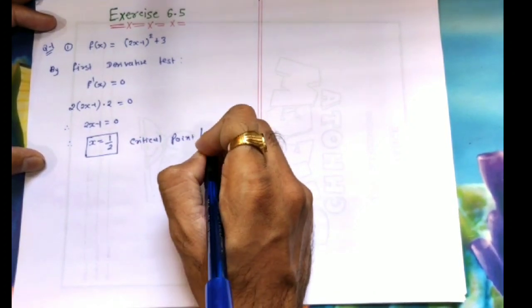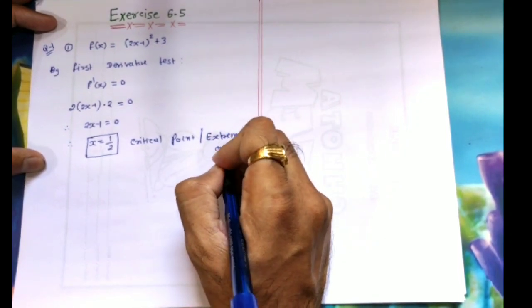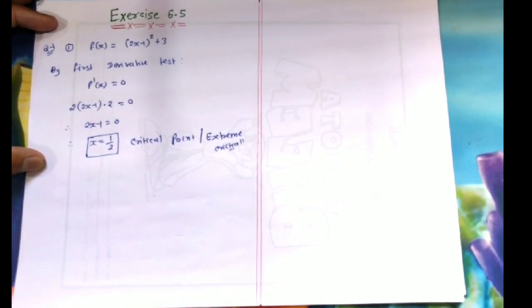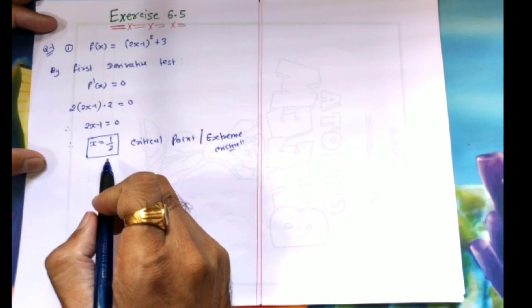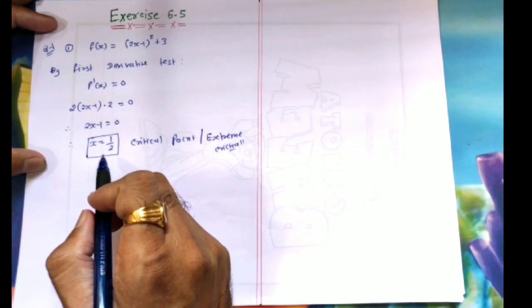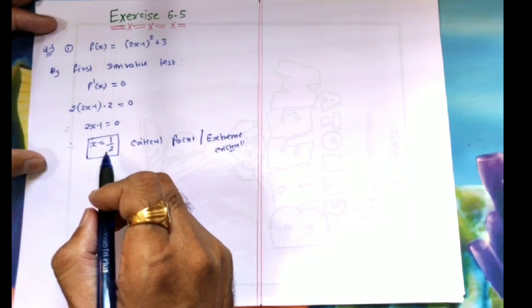Critical point is also known as extreme point. What is this critical point? These are the points at which maxima or minima occurs. That means the maximum value or minimum value of this function will occur at this x equal to 1 by 2. But now we have to identify whether it's a point of maxima or a point of minima.